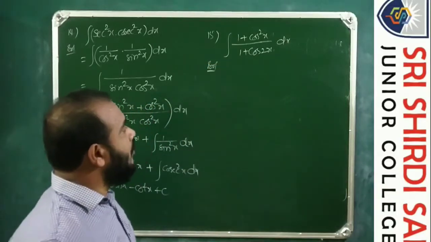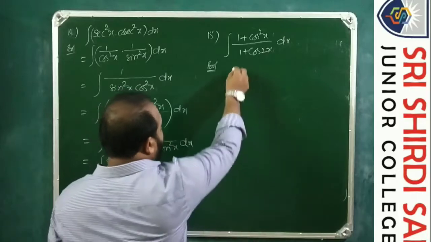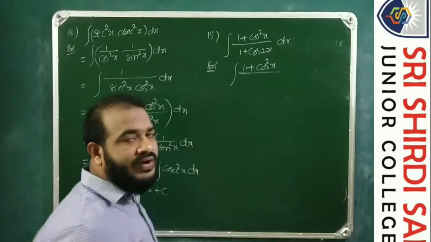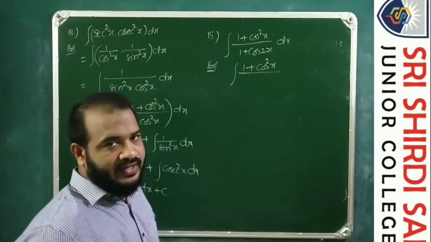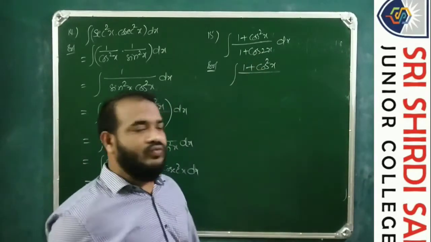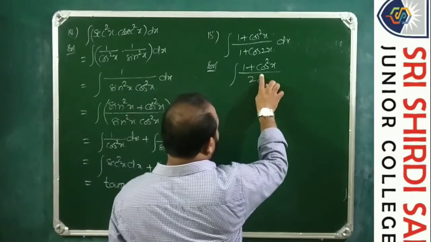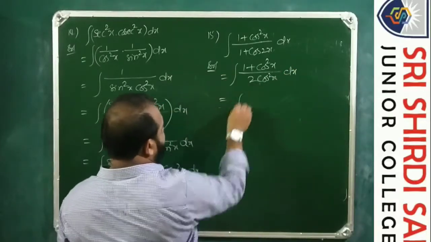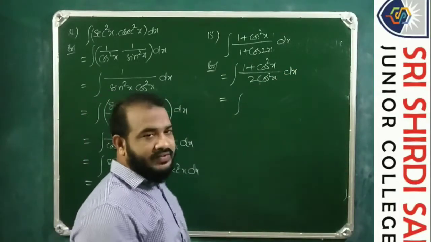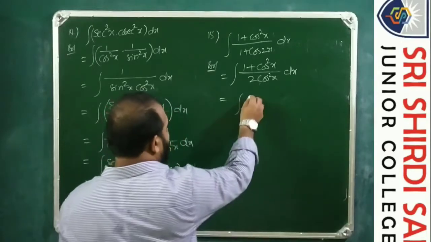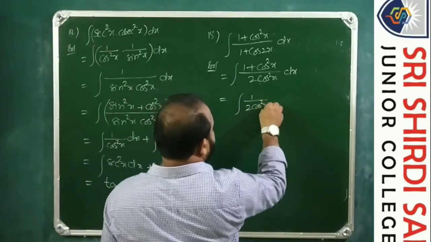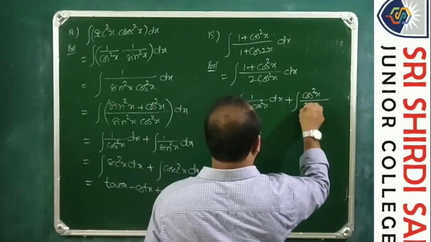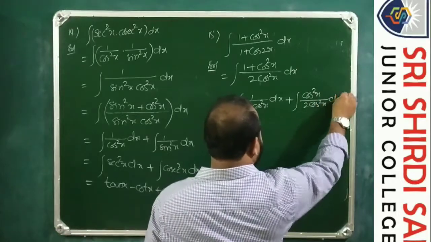So with 1 plus cos square x we will write as it is. We know 1 plus cos 2x is 2 cos square x and 1 minus cos 2x is 2 sin square x. So this is 2 cos square x dx. So this is equals to, again, a plus b by c, a by c plus b by c. This is 1 by 2 cos square x dx plus cos square x by 2 cos square x dx.